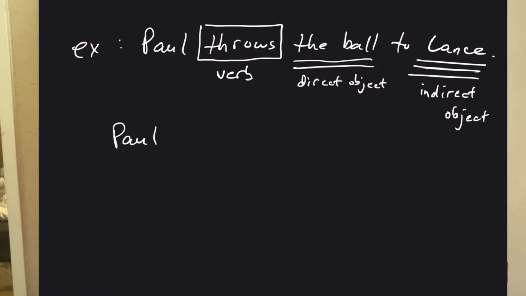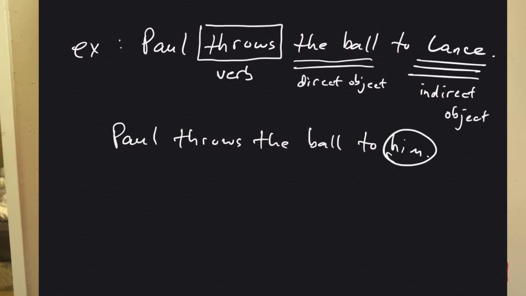Okay, so really easy. Your indirect object pronouns. So remember, your pronoun is a noun that takes the place of a noun. So if I wanted to rewrite this sentence, Paul throws the ball to Lance, and not use Lance, I could say: Paul throws the ball to him.